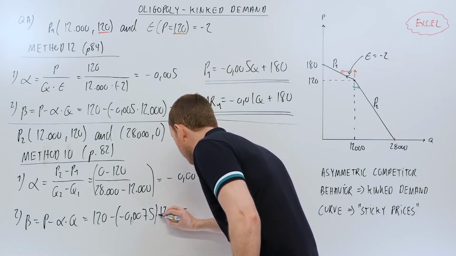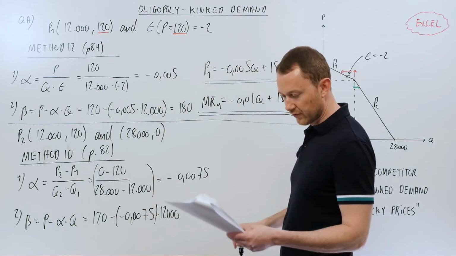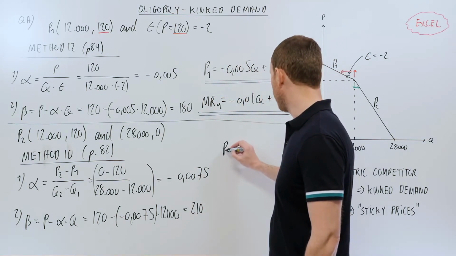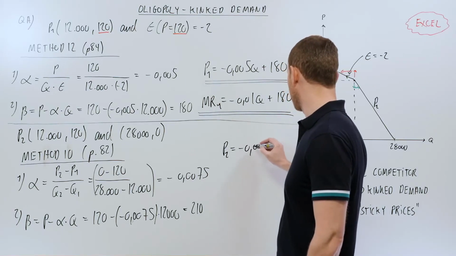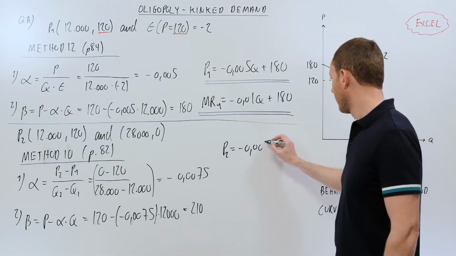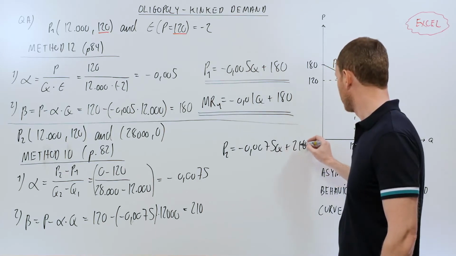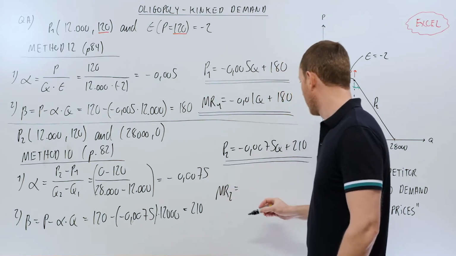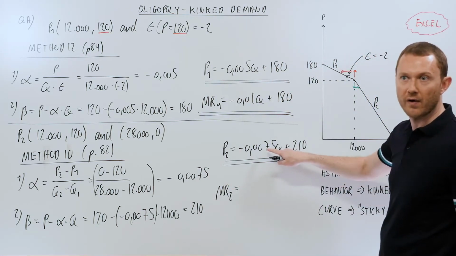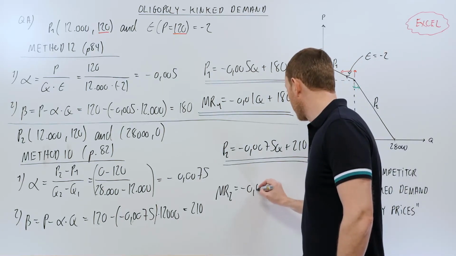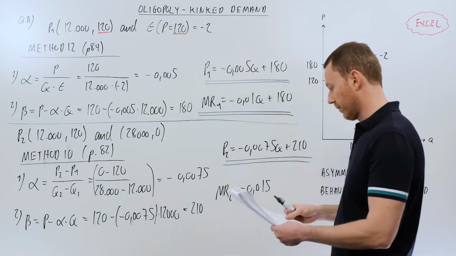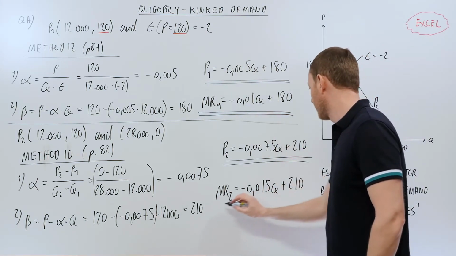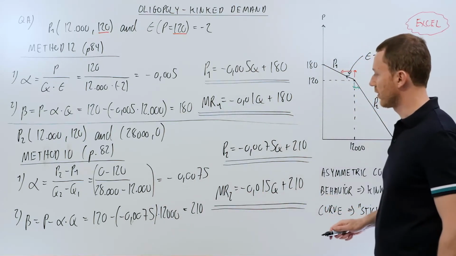So there's a multiplication there. Substituting that in, I get 210. So then I can put up my P2, which is minus 0.0075 Q plus 210, and MR2, which would be twice the slope of P2, minus 0.015 Q plus 210.